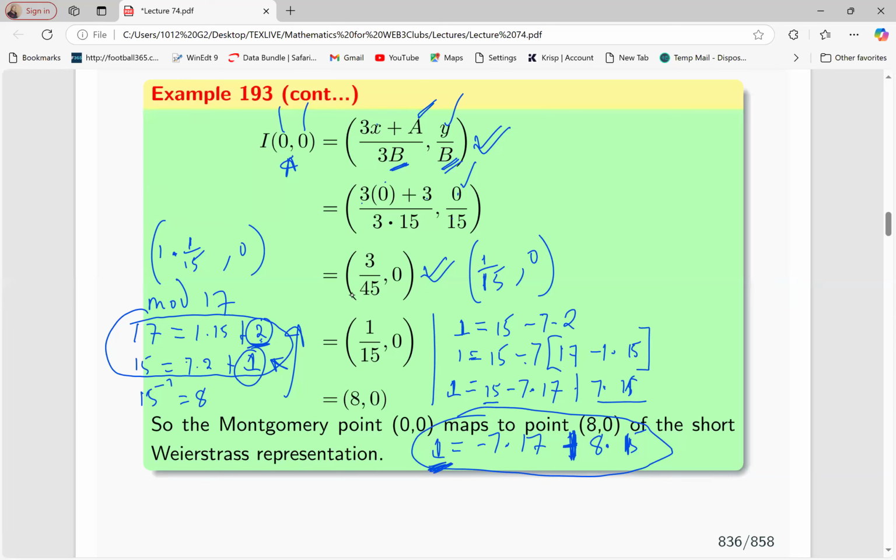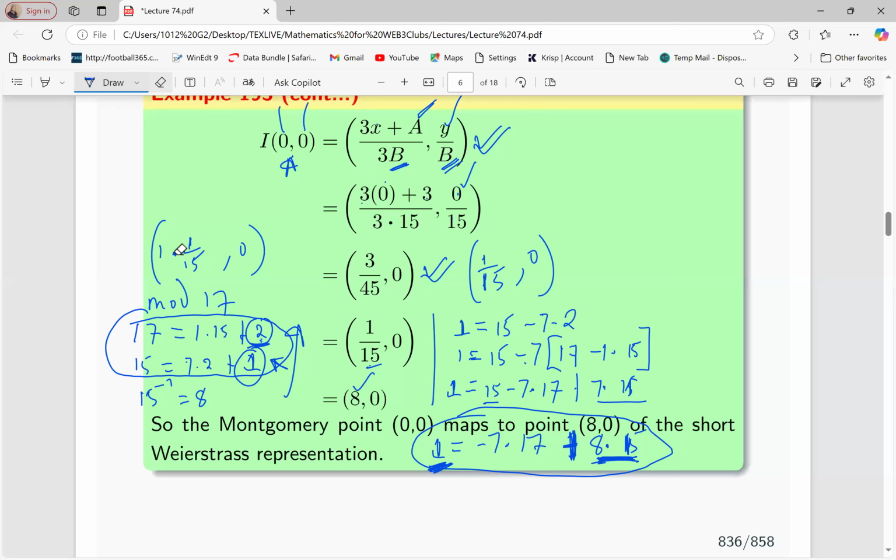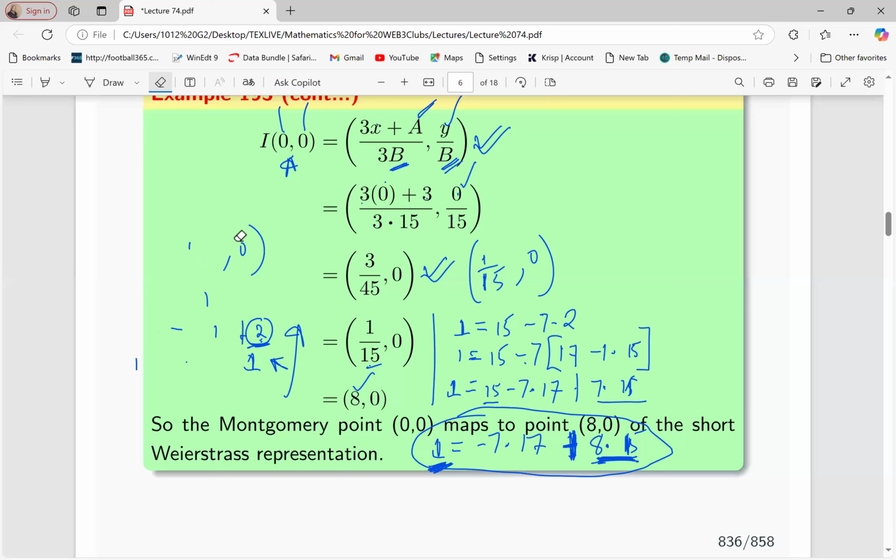The number which when multiplied by 15 gives a remainder of 1 is 8, and therefore 8 is the inverse of 15. But all this we are doing using your code, so we are just reminding ourselves how we do it using the extended Euclidean algorithm.